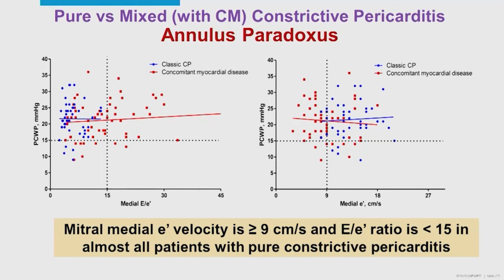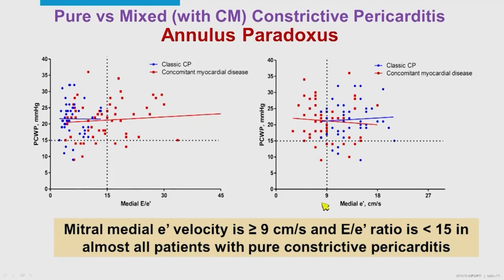So we now have a situation, even in constriction, you have the mixed disease, because now with the radiation-induced patients, with the previous myocardial infarction or cardiac surgery, they have a myocardial disease and constrictive pericarditis. So when you look at these two patient groups, the blue is the pure primary constriction without myocardial disease.